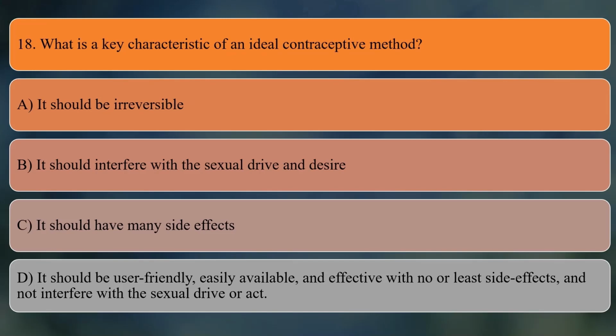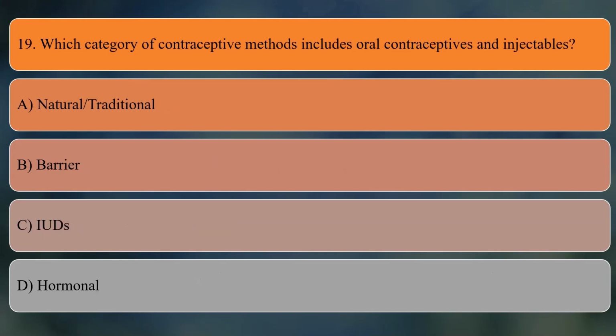What is a key characteristic of an ideal contraceptive method? Which category of contraceptive methods includes oral contraceptives and injectables?